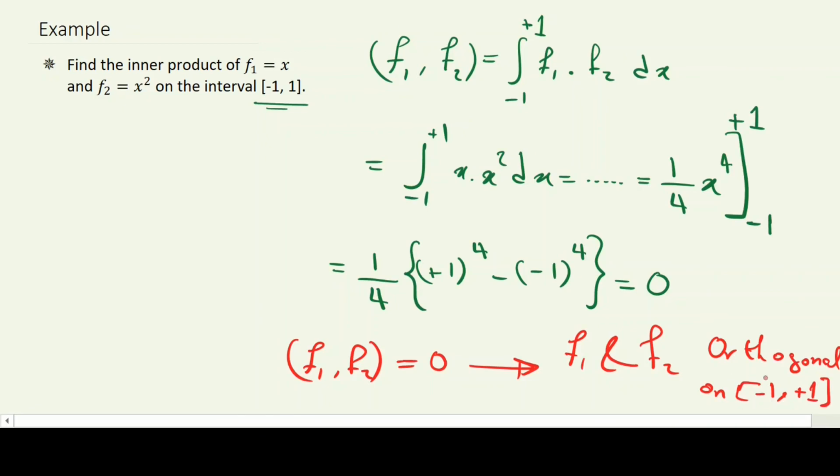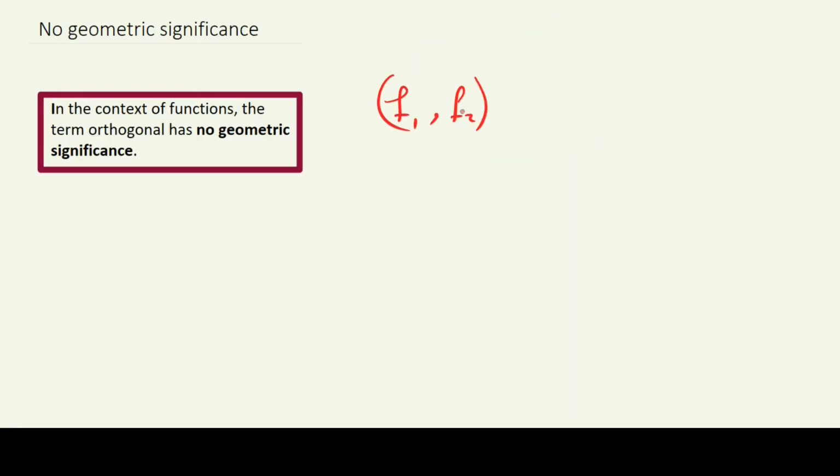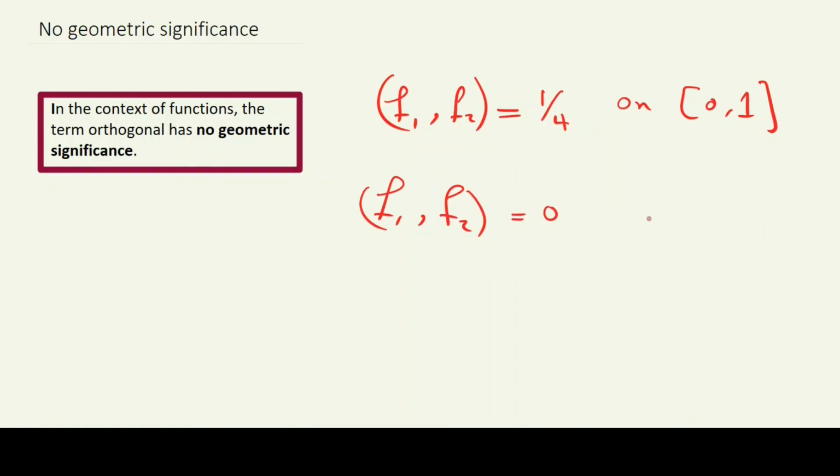Because you remember from the previous example, we found f1 and f2 to have a non-zero inner product on the interval 0 to 1. From the first example, the inner product of f1 and f2 was 1 over 4 for the interval 0 to 1. From the second example, we saw that the inner product of these two functions was 0 for the interval -1 to 1.